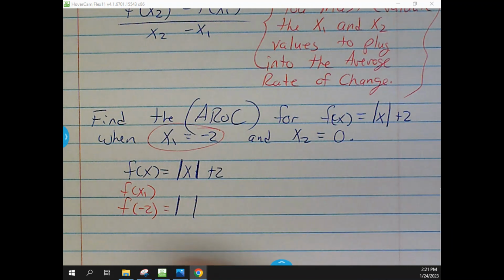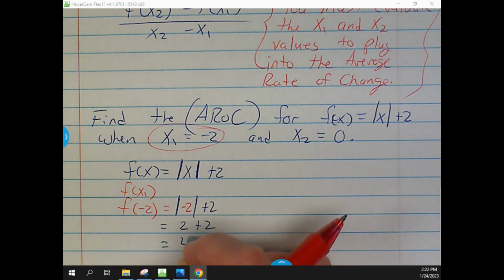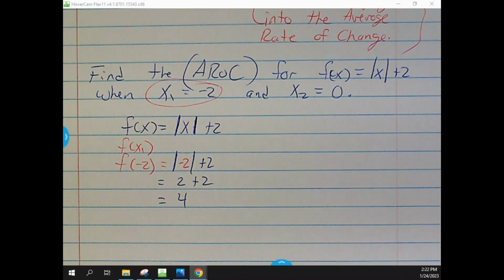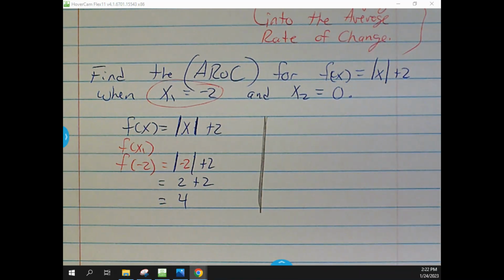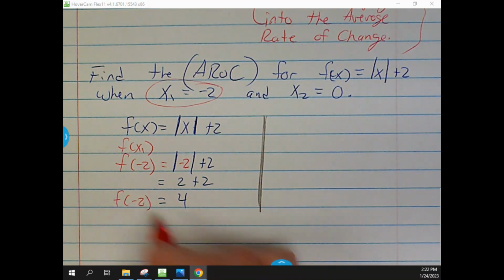So that's the absolute value of negative 2 plus 2. So that's 2 plus 2, and that's 4. Okay, so f of negative 2 is 4.